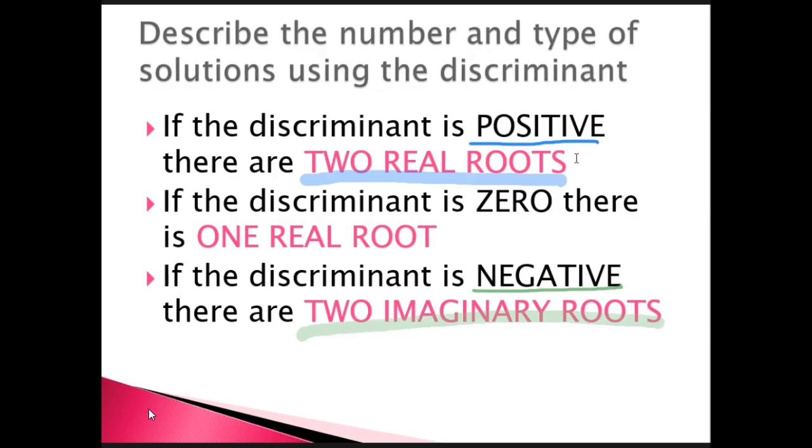If the answer you get is 0, then we have 1 real root. And that 1 real root is what we call a repeated root.